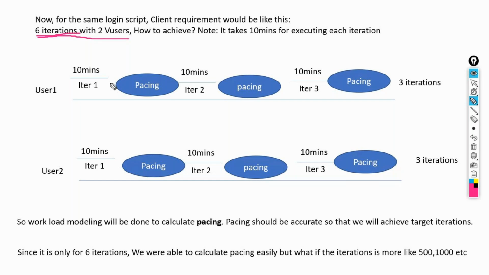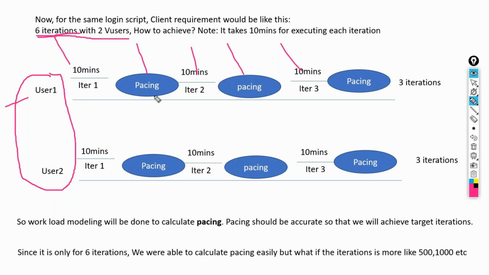You can achieve 6 iterations with one user also, but the client explicitly mentioned you have to achieve this with two users. So user 1 will achieve the first iteration in the first 10 minutes, pacing, then iteration 2, pacing, iteration 3, like that. First user is achieving 3, second user is achieving 3. Together they are achieving 6.